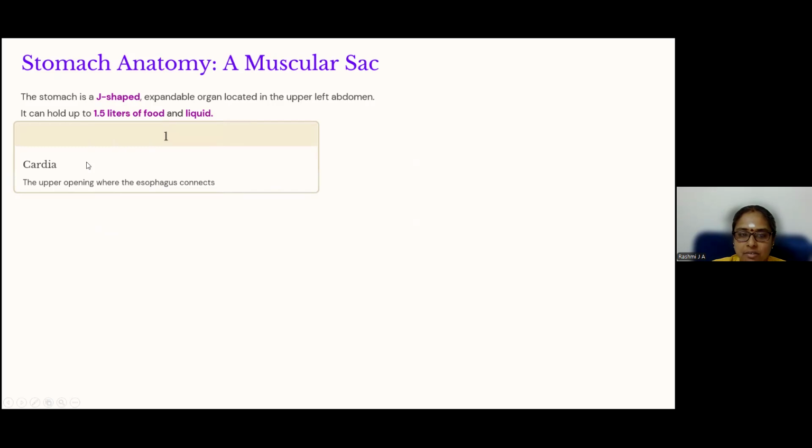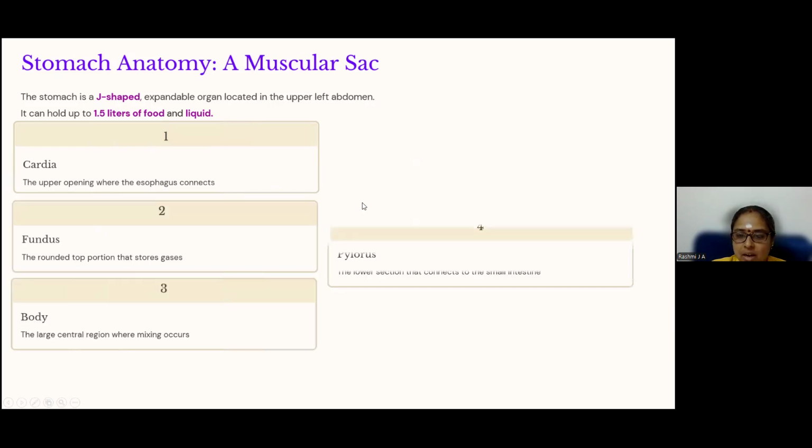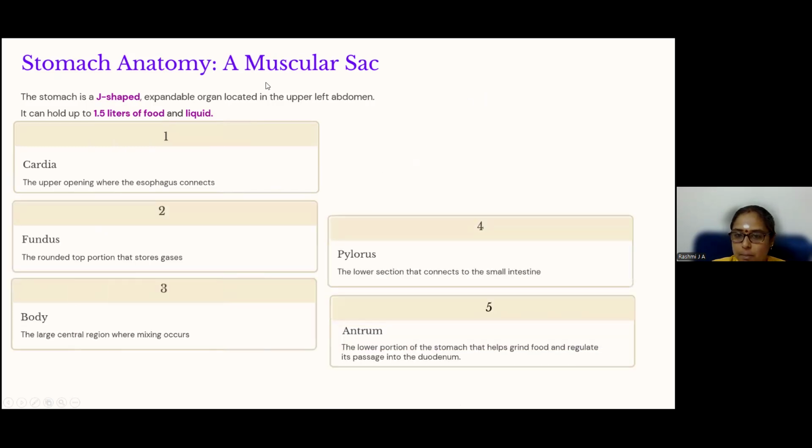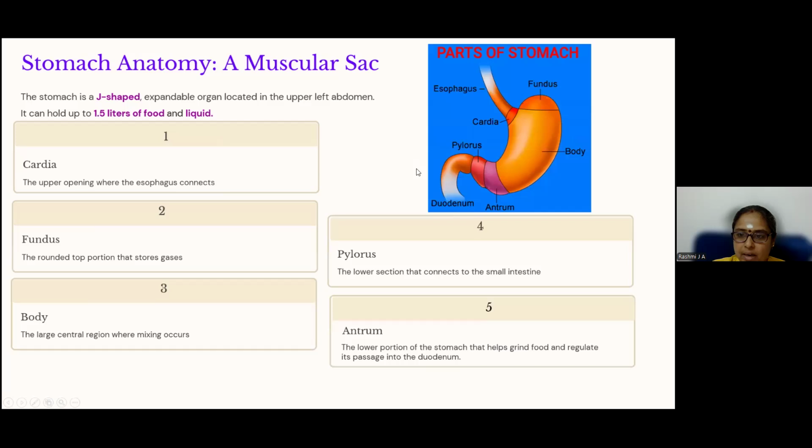Then we have these 4-5 parts in the stomach. The cardia is the first part, where the esophagus joins the stomach. This is the opening where the esophagus connects. Then we have the fundus, the top portion where the gas gets stored.